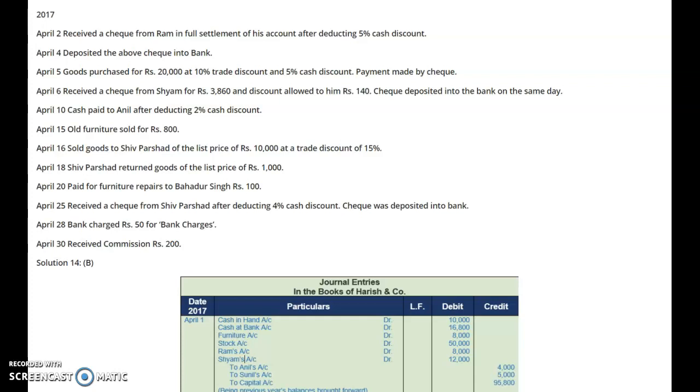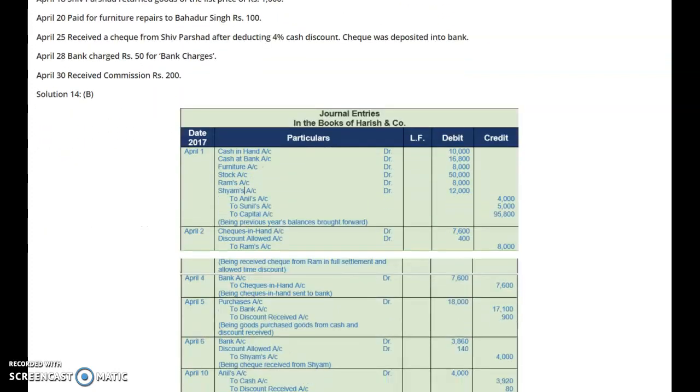And automatically we had issued a check of rupees how much? That is 17,100. See here the entry will be purchases account debit to bank account to discount received. Purchases are net rupees 18,000 being debited. To bank account, the net amount of the check which we had issued, because if we make the payment through cash, we will write here cash account.